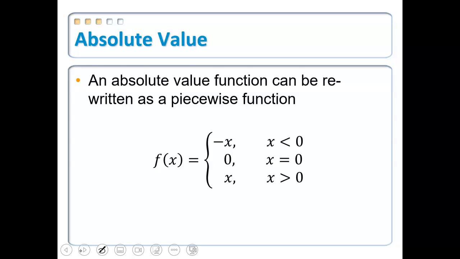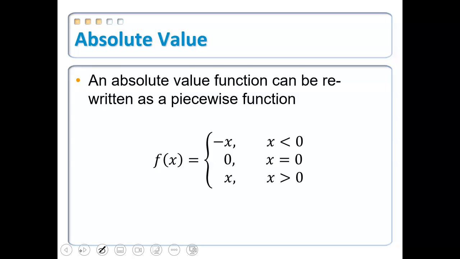So it is equal to negative x for x values less than 0. It is equal to 0 when x is 0. It is equal to x when x is greater than 0.